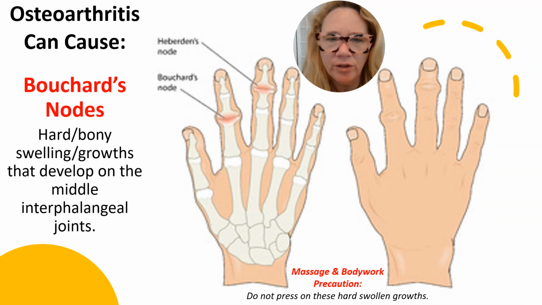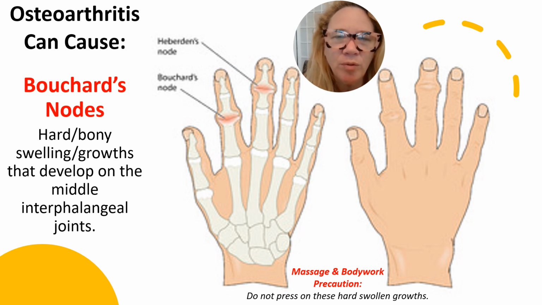Here's a medical illustration that shows Heberden's and Bouchard's nodes on the distal and middle interphalangeal joints of the fingers. Your massage and bodywork precaution for your geriatric clients who have these hard, swollen, bony growths is do not press directly over the area.